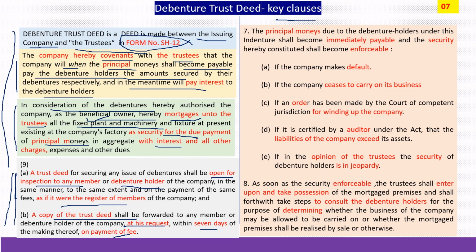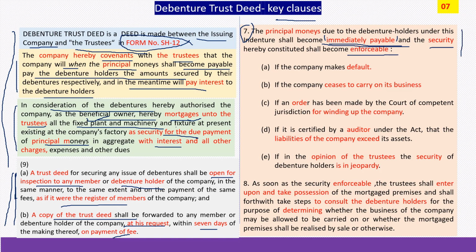The deed will also indicate one special part here now. It will list out, as a part of the agreement, that in certain special circumstances, with no further delay, the debenture money will be due and payable immediately, and the security covered by the deed becomes enforceable.